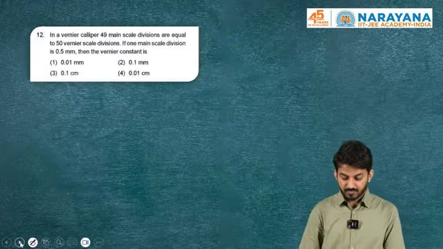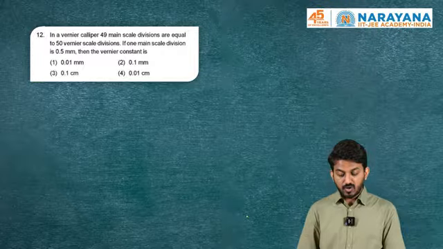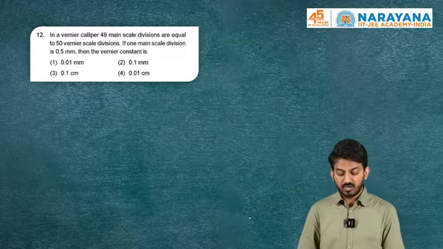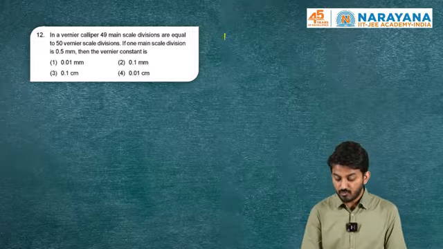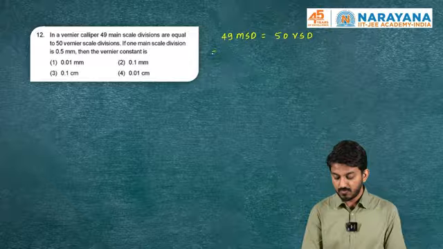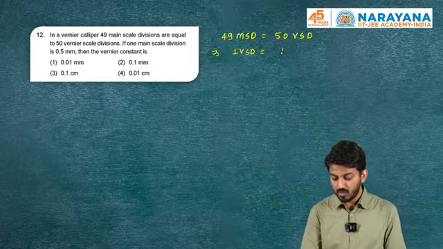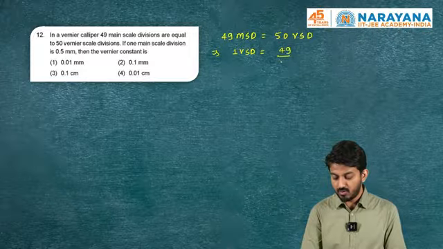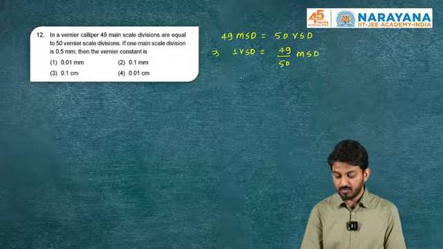Moving on, they're talking about a vernier caliper having 49 main scale divisions equal to 50 vernier scale divisions. So 49 MSD is equal to 50 VSD, giving us one vernier scale division equal to 49 over 50 main scale division.